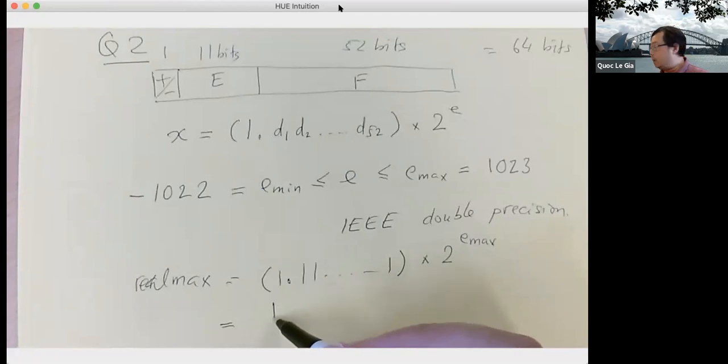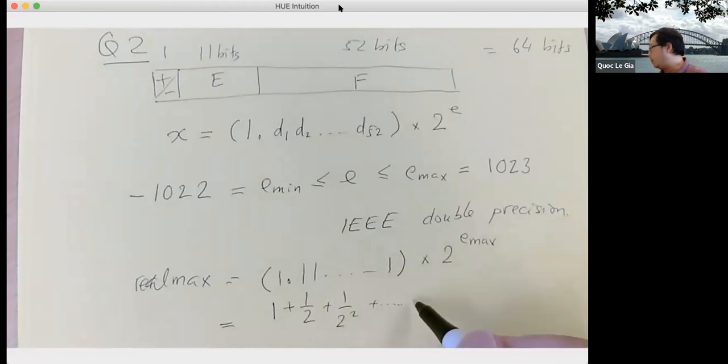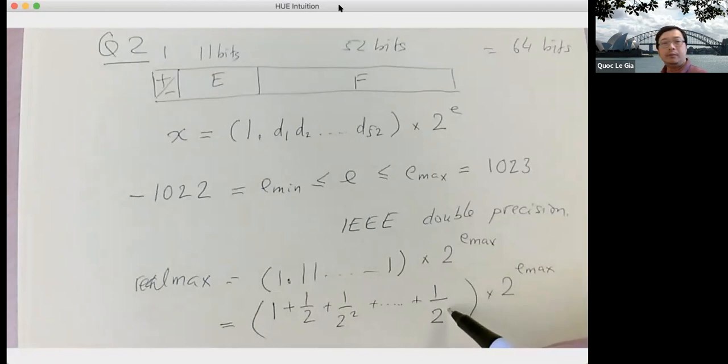This one is just 1 plus 1/2 plus 1 over 2 squared plus dot dot dot. What is the last term? 1 over 2 to the something, to the E max. E max is right here. So what is the last power?